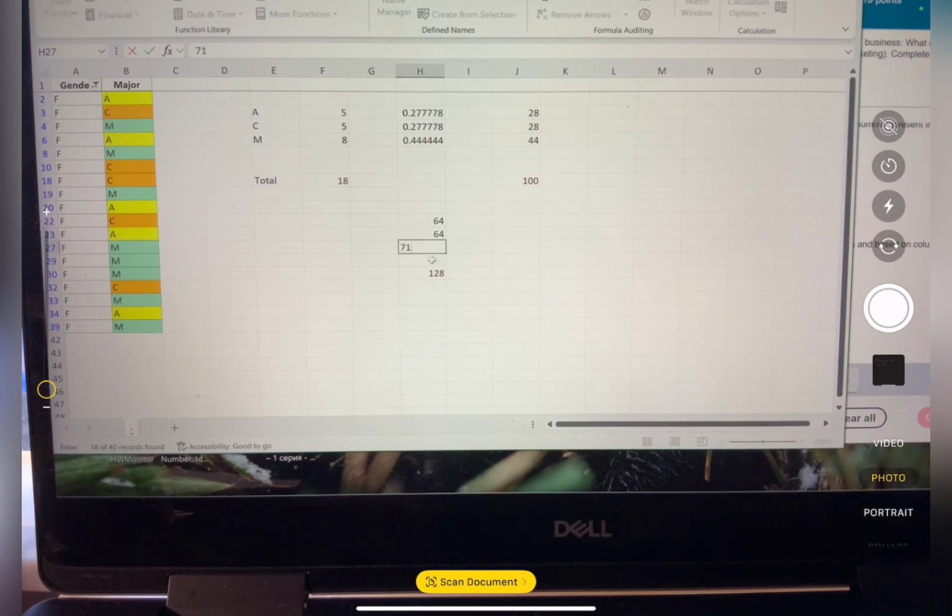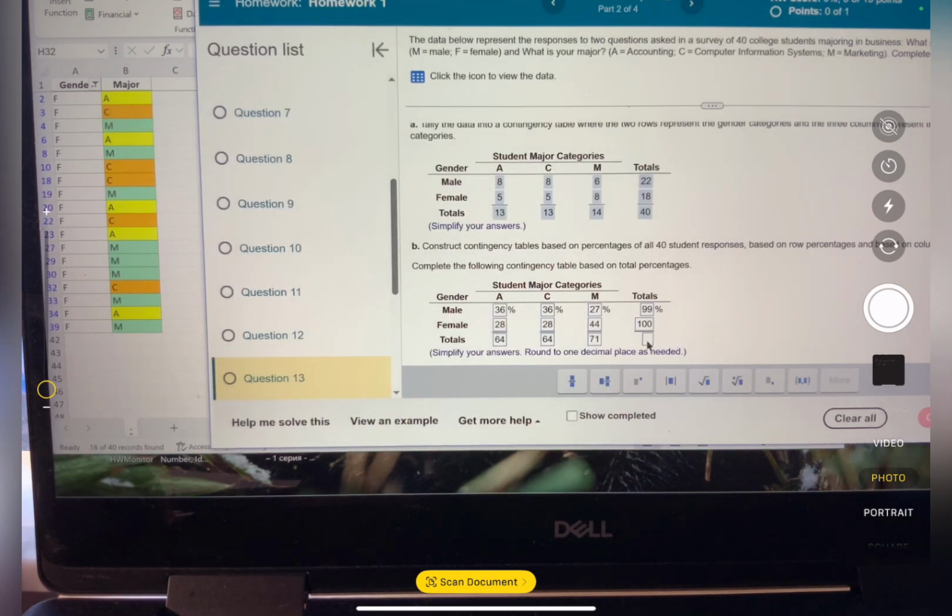To make sure 71 is also included, I'm double clicking. Okay, it includes all three. Enter. I got 199. Well, from here also grand total 99 plus 100, and here also 199.